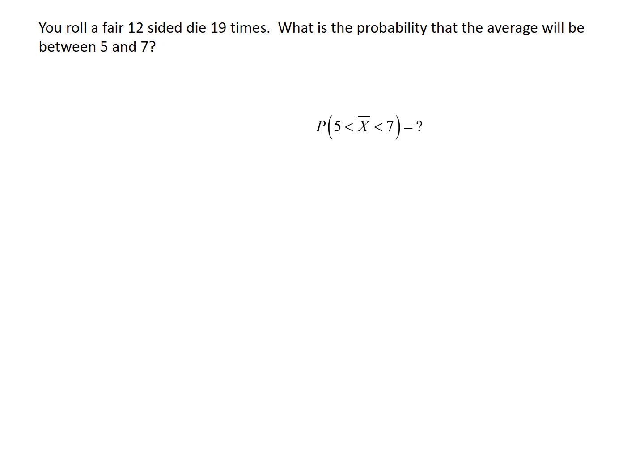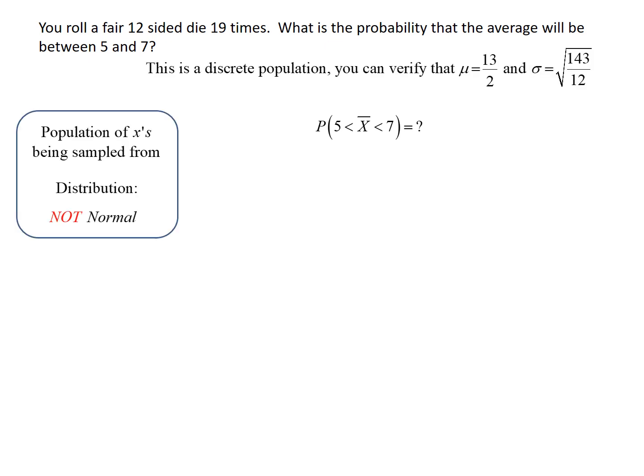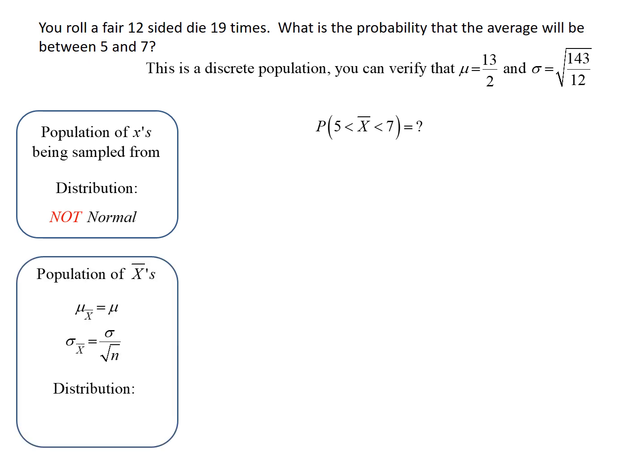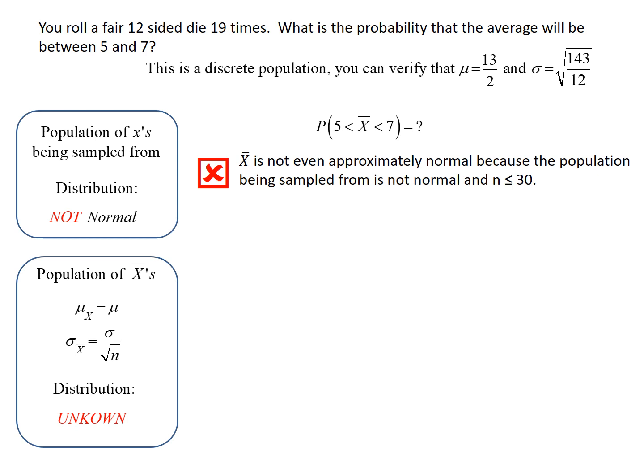All right, to do this, we need to know the distribution of x bar, and that depends on the population that's being sampled from. Our parent population is not normal, again, because it's discrete. So when it comes to the distribution of x bar, we know the mean and standard deviation, right? But x bar here is not normally distributed because the population was not normal.